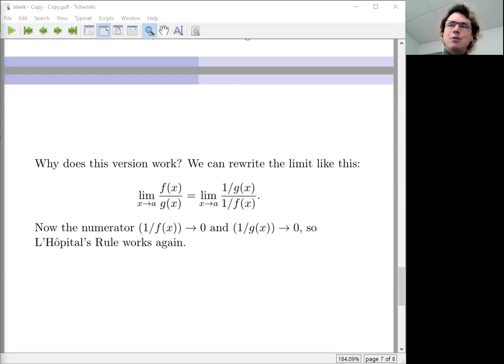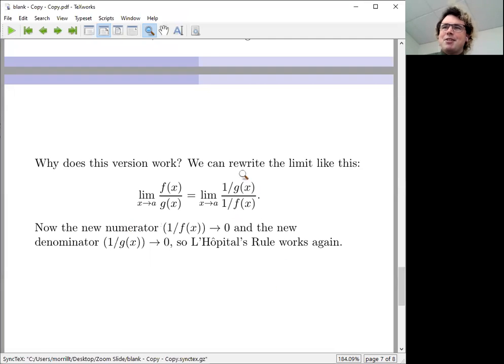So I can use L'Hopital's rule because I've got my 0 on 0 situation. So this is sort of the bird's eye view here. There are some technical details to clean up, but you can find those in the appendix to our textbook.